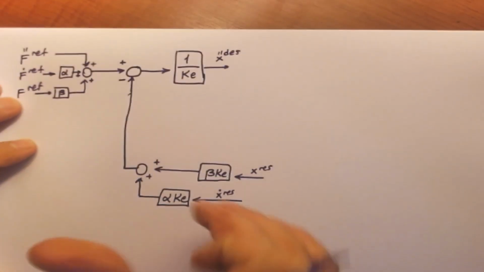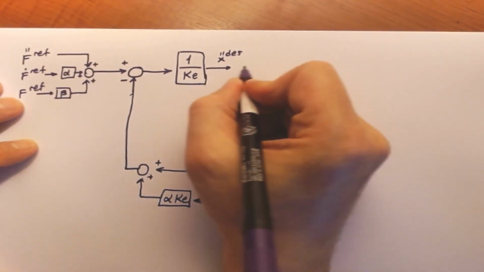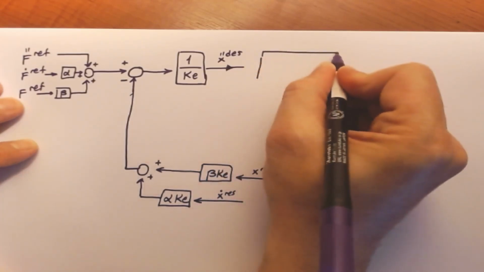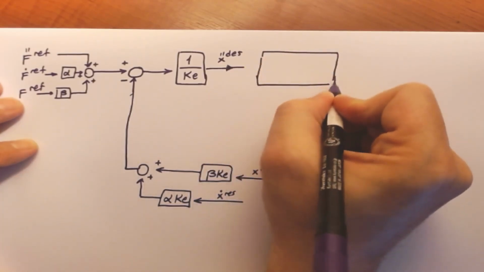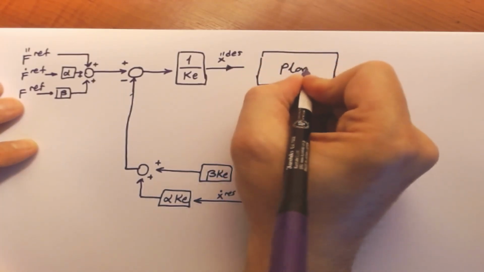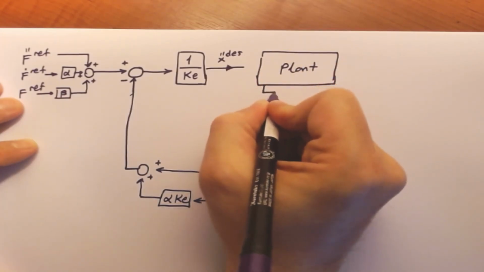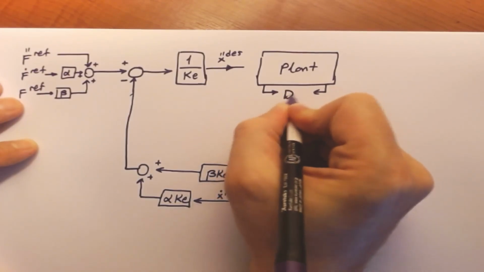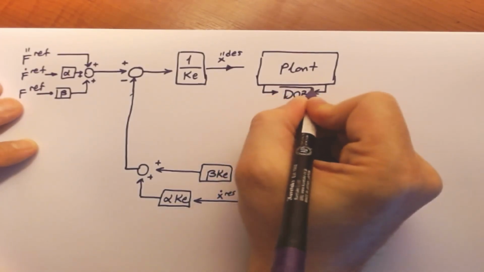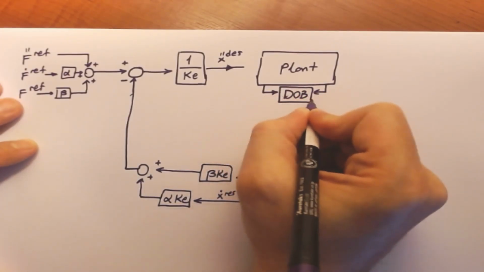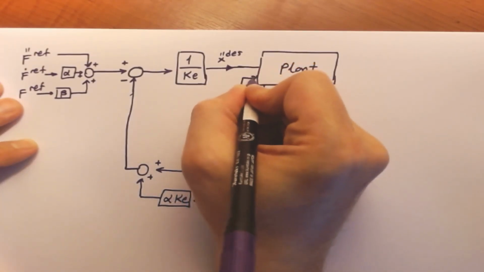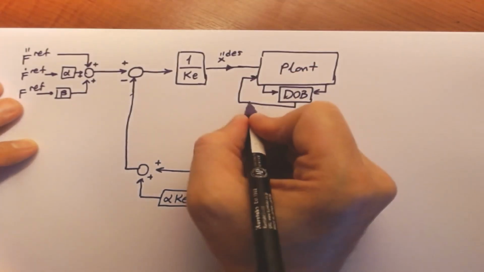And you can give this as input to your plant with disturbance observer. I'll not draw the entire disturbance observer structure here, but since we have covered this in the previous lectures, you know what this is.